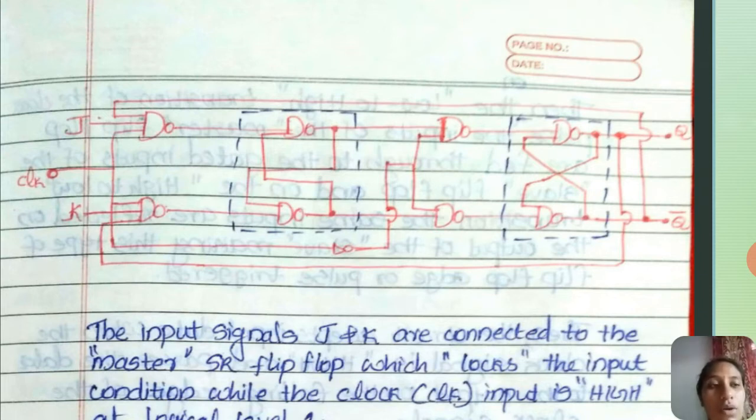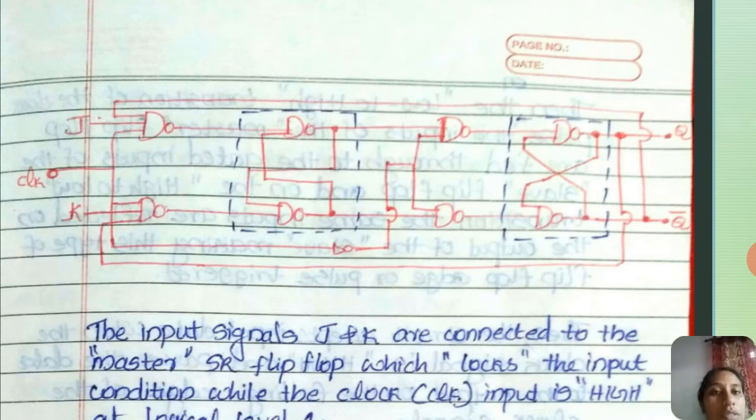Q bar is cross fed back and connected to J, and it is given to the input S of the master SR flip flop. Considering K, the Q output of the flip flop is cross fed back and connected to the R section of the master flip flop.